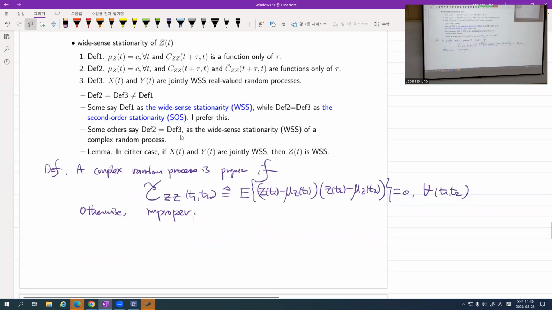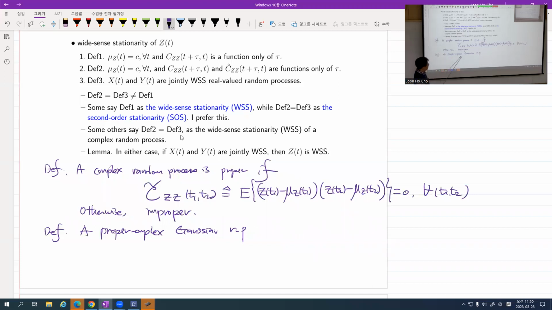Now, we want to define a proper complex Gaussian random process. How do we define it? What is Gaussianity given a random process?